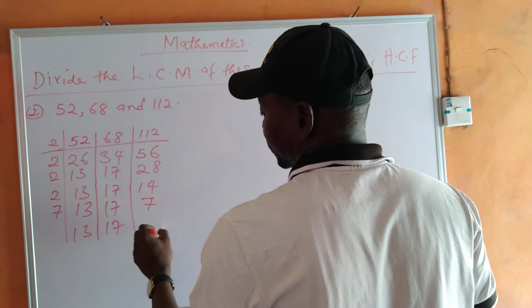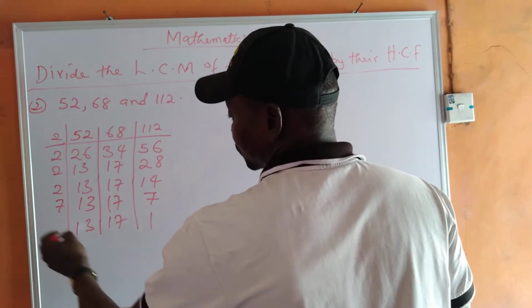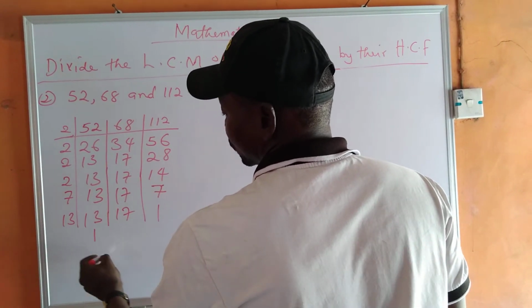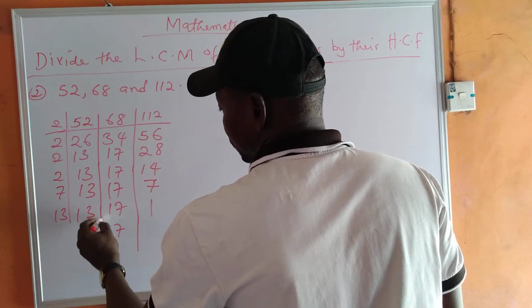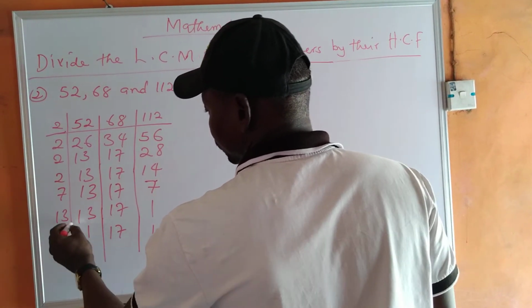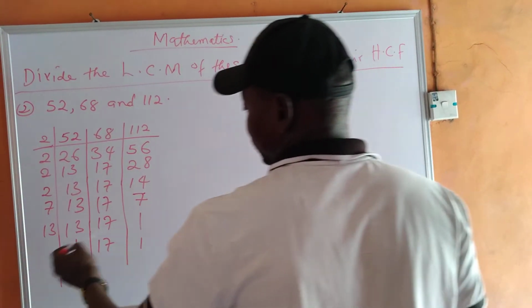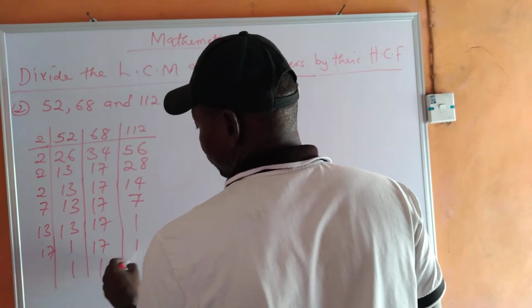And 7 divided by 7 is 1. So we use our 13, which is another smallest number between them. 13 divided by 13, 1. 17, then we have 1. So the highest number there again is 17. 17 divided by 1, 1, 1, 1.